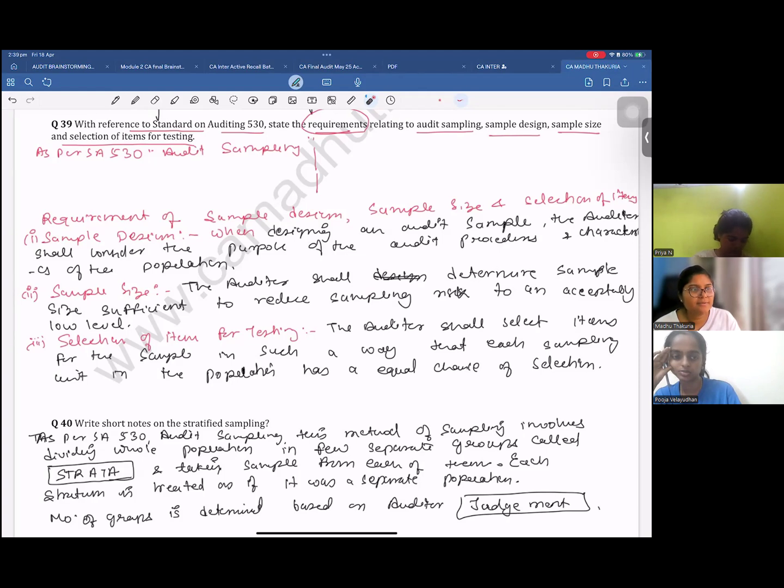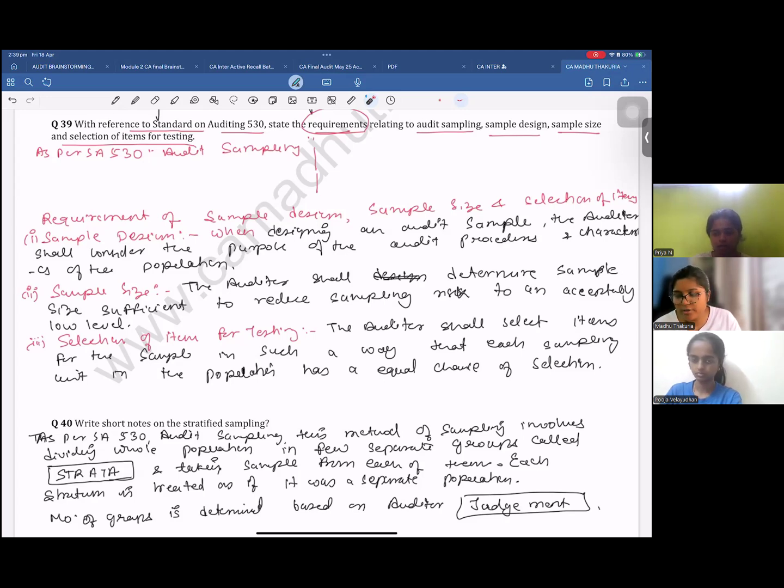The risk that the conclusion drawn from the sample may be different if 100% of the population is tested. Right? That is in simple words, but that is exactly what it means.